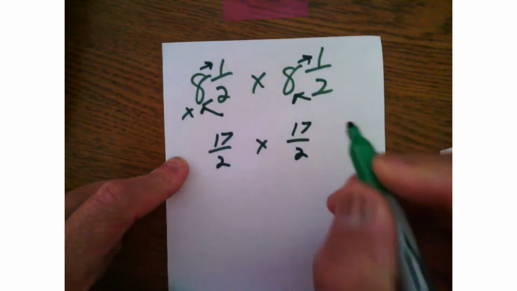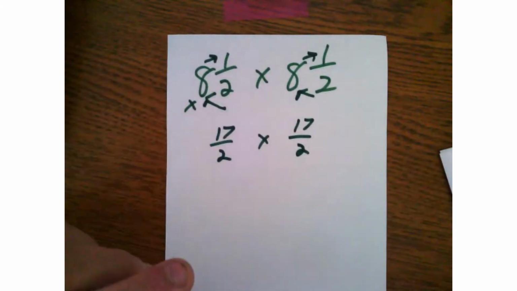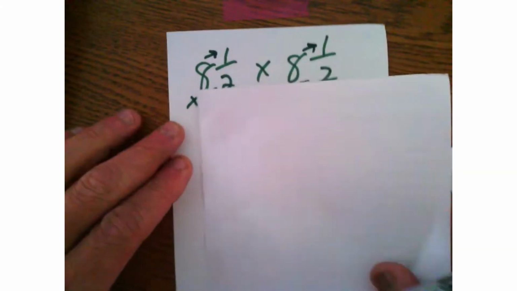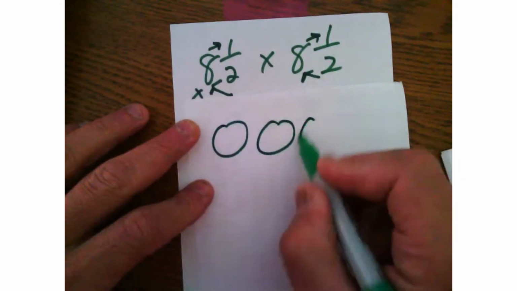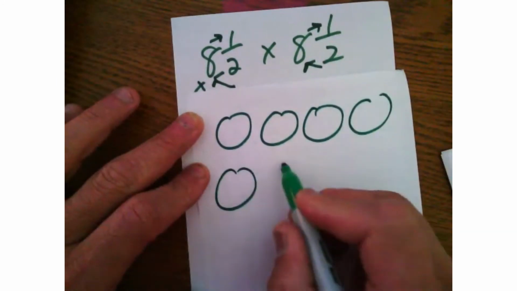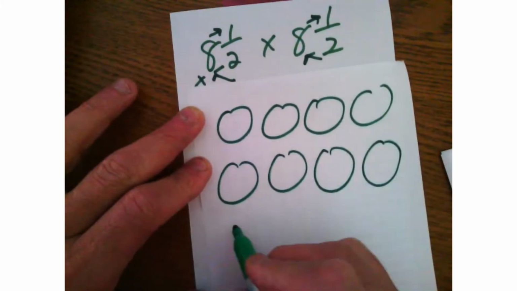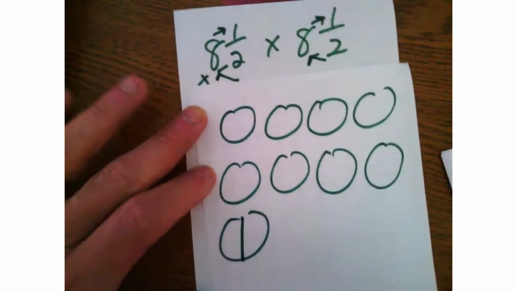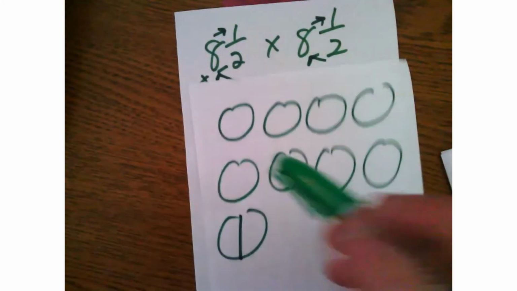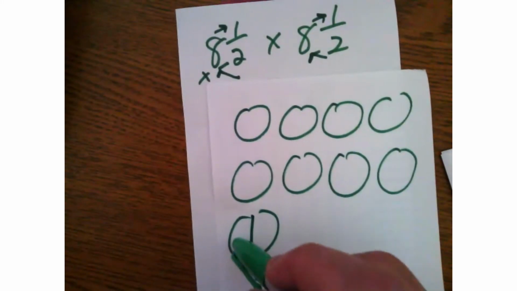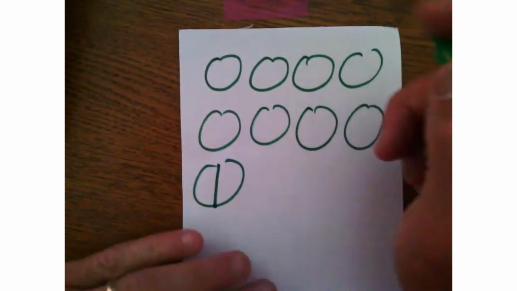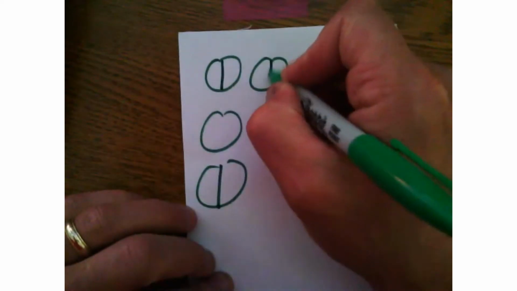A lot of people are like, how on earth did you get 17 halves? Let me show you what that really represents. If I draw a picture of 8.5, it looks like this. 1, 2, 3, 4, 5, 6, 7, 8, and then there's 1/2. Now, if I change it to an improper fraction, I'm just going to cut all of them in half.